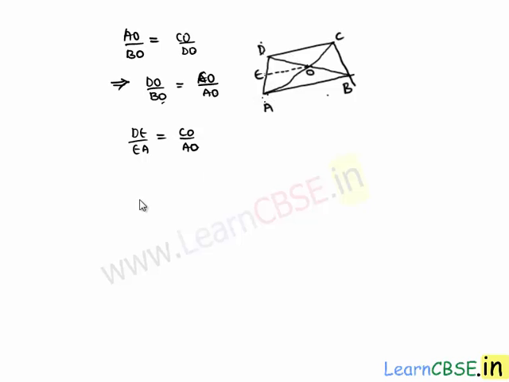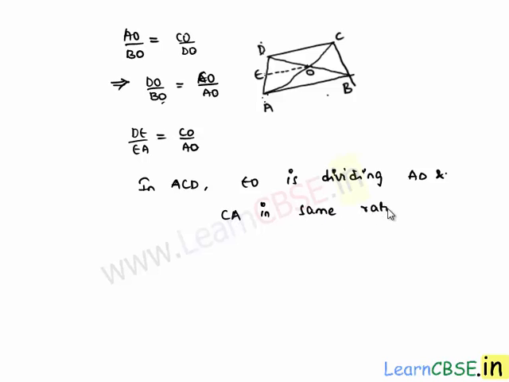Now, in triangle ACD, a line segment EO is dividing AD and CA in the same ratio. So, from the converse of the basic proportionality theorem, we can say that EO is parallel to CD.